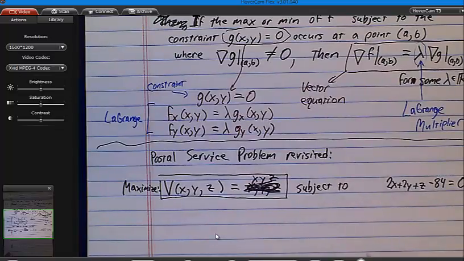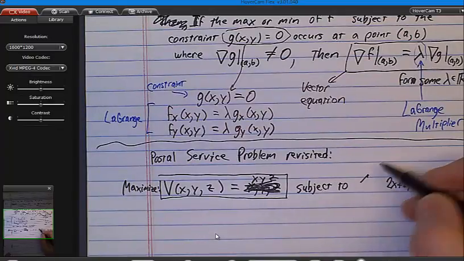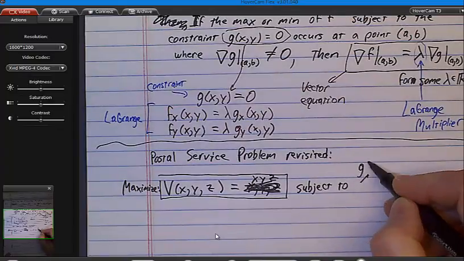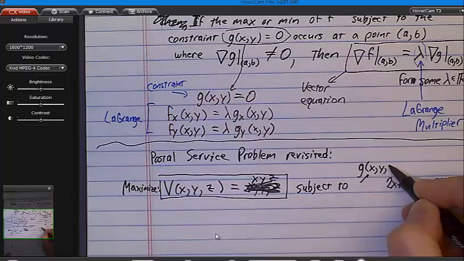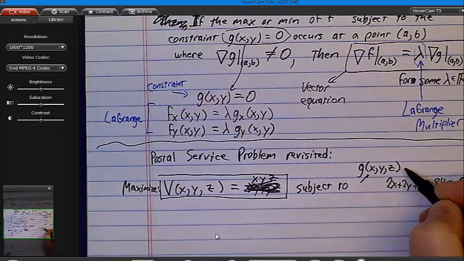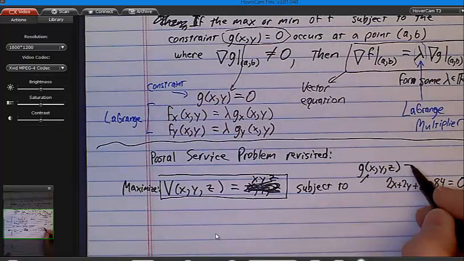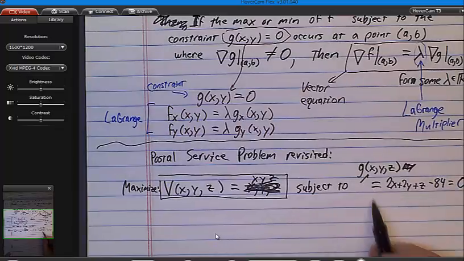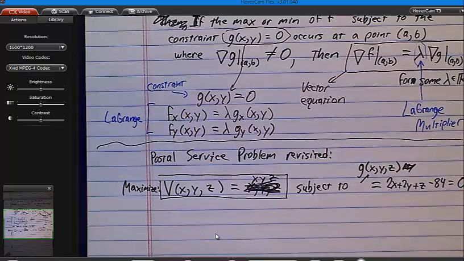So this I'm going to call g of x, y, z. So g of x, y, z equals 2x plus 2y plus z minus 84, and I'm going to have that equal to 0. Okay. So there is kind of an issue here. At least this may be an issue for you.